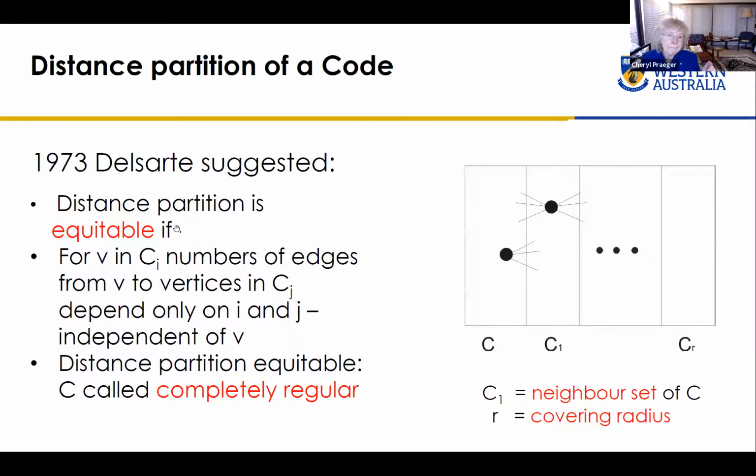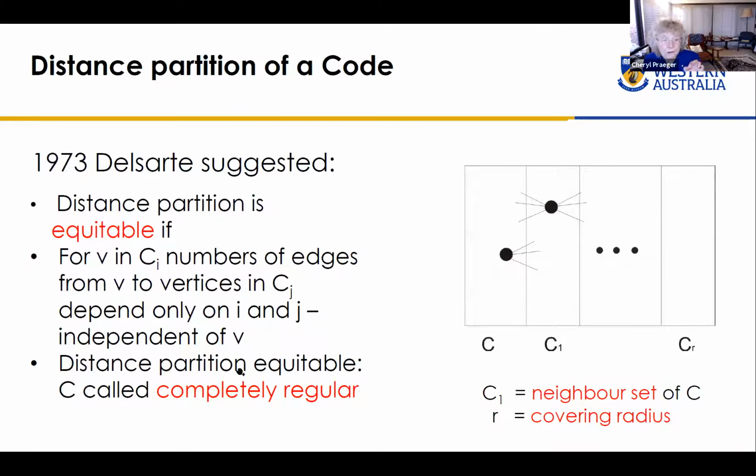Now, Delsarte was interested in particular in the case where this distance partition is what we now call equitable. That means if I choose any one of these distance sets C_i, and I choose a vertex V in C_i, then the number of neighbors of V in C_j should depend only on i and j, for any of the parts C_j.